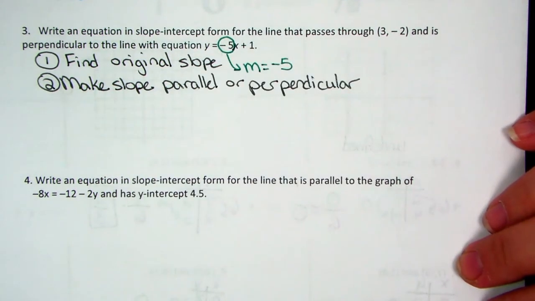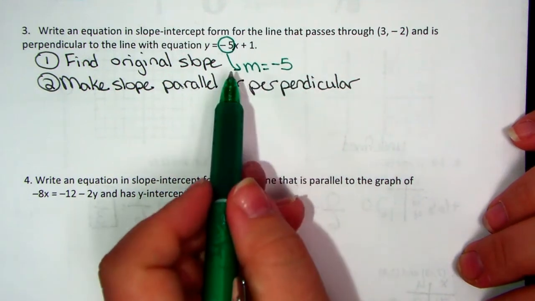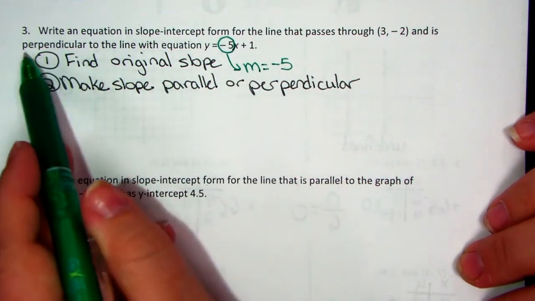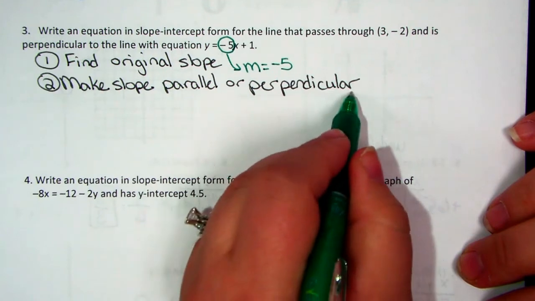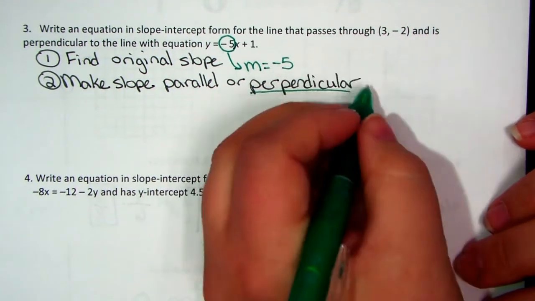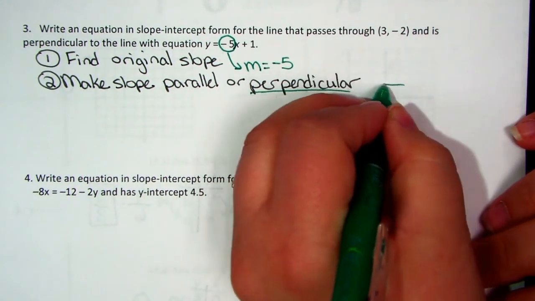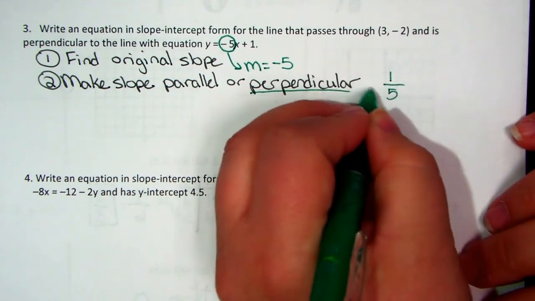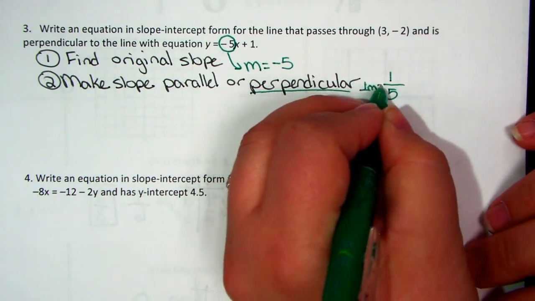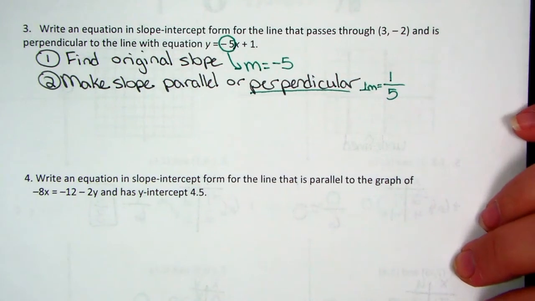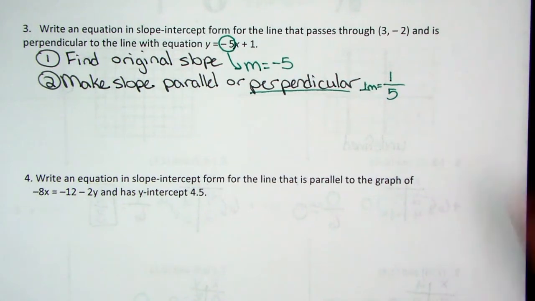So we're going to take this, and we wanted it to be, in this case, perpendicular. So I'm going to make it positive 1 over 5. So that's the slope that I'm working with.